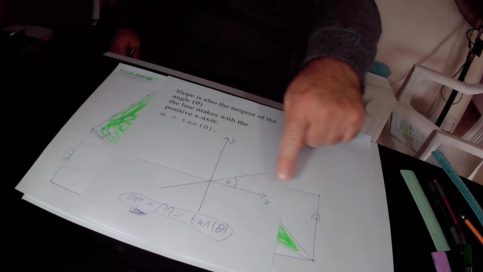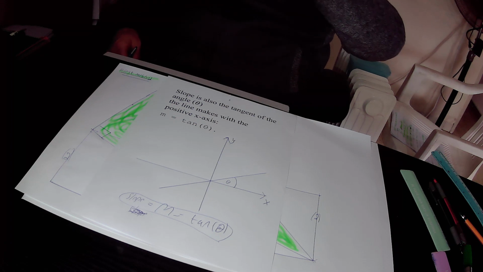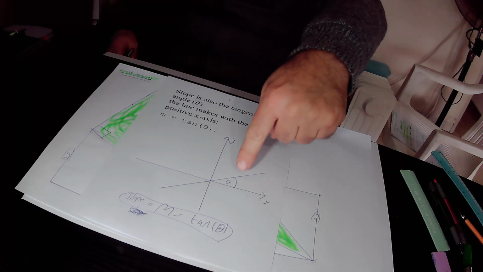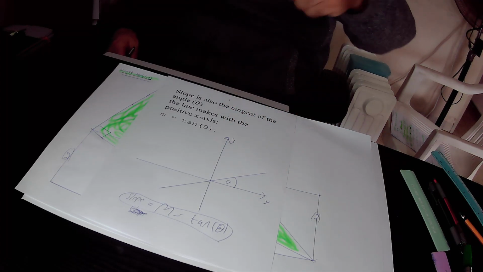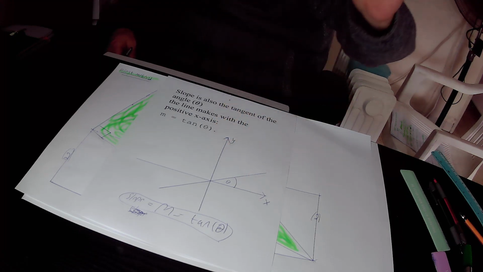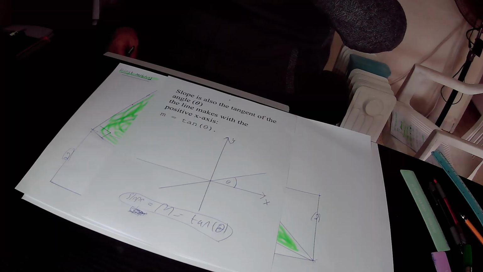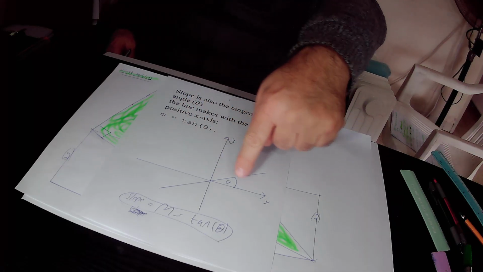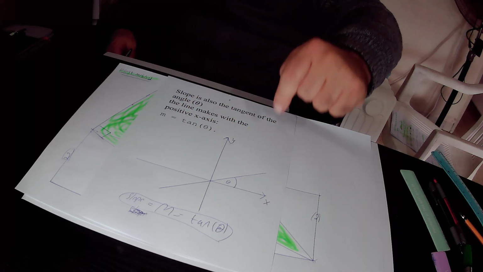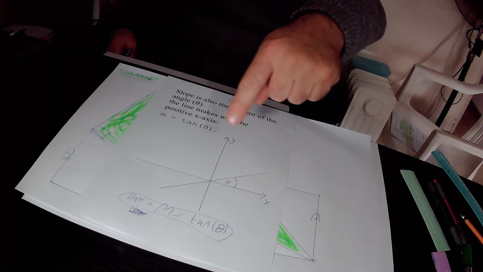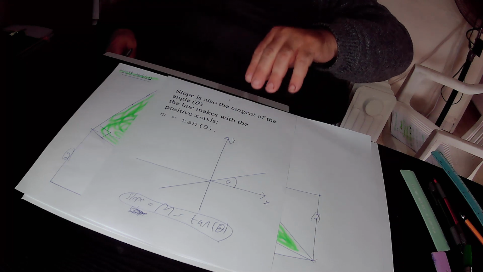This is the positive x-axis, and the angle that this straight line creates with the positive x-axis is theta. Therefore the slope of this blue straight line, m, equals tangent theta.